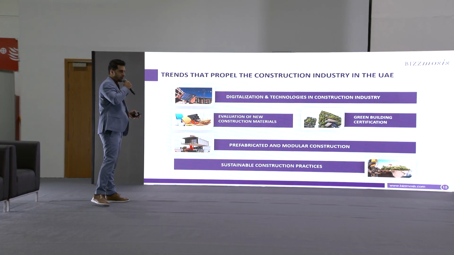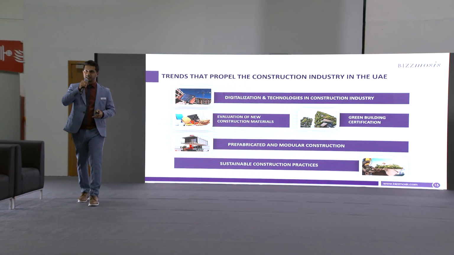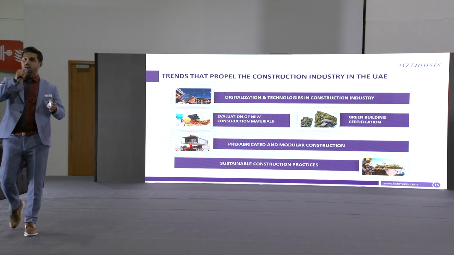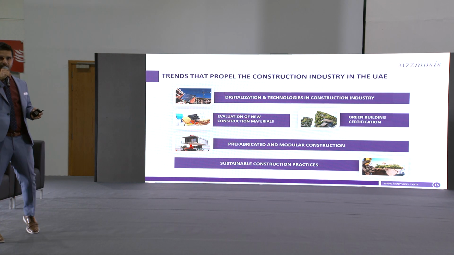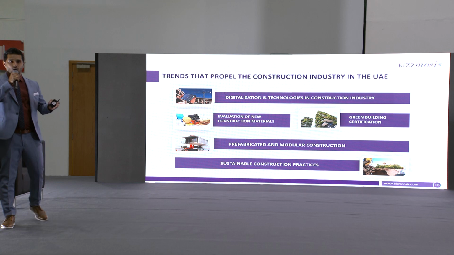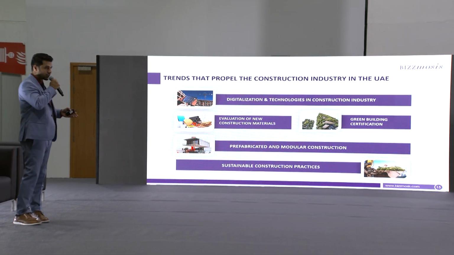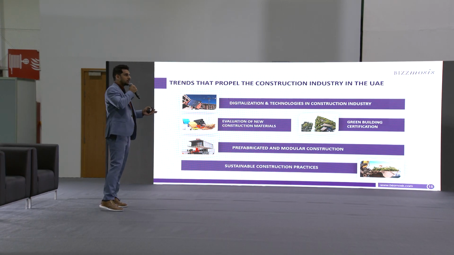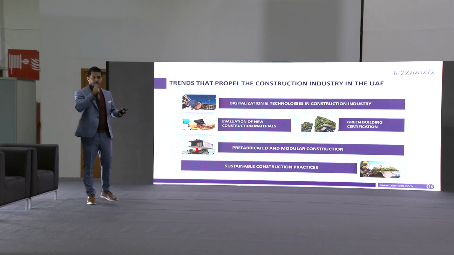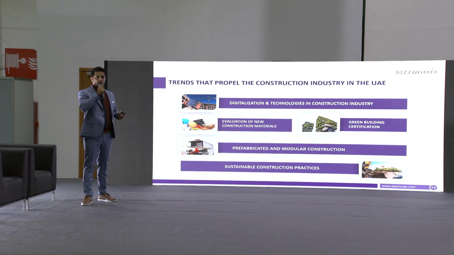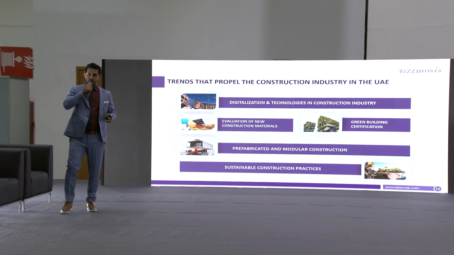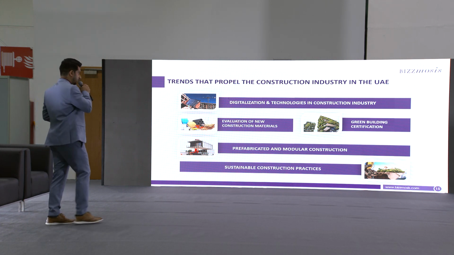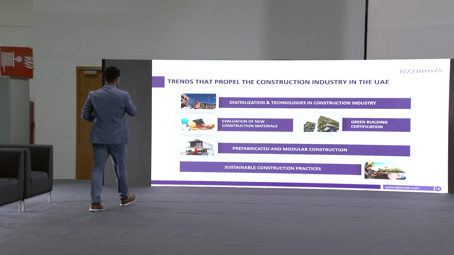And green building. The government of the UAE has set a target that 75% of companies have green building by 2030. Here you can understand how much importance the government is giving to green building. Examples are solar panels or sustainable construction materials used in the construction industry, which lead to green building certification and construction.